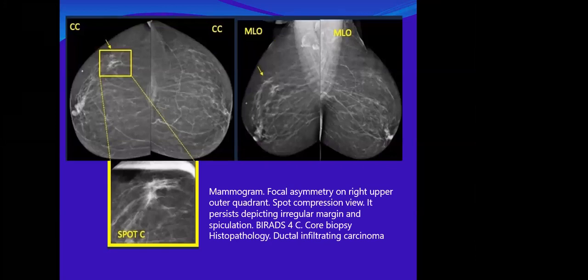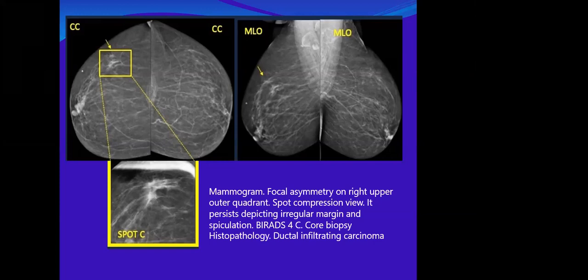There is focal asymmetry in the right upper outer breast. Spot compression demonstrates that it persists, depicting irregular margins and spiculations. If you look at the standard view, it is not as impressive as the spot compression view. So on the spot compression view, it will be BI-RADS 4C.